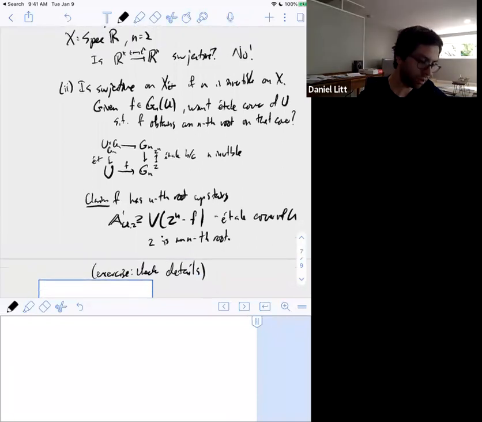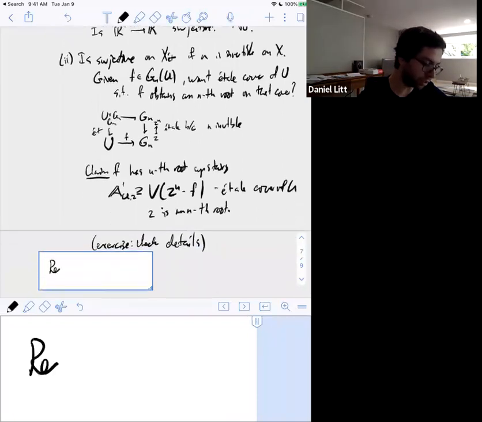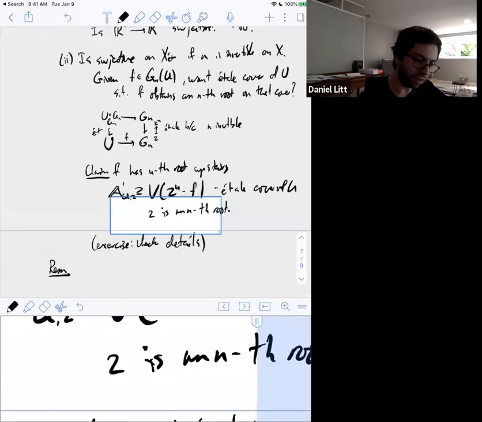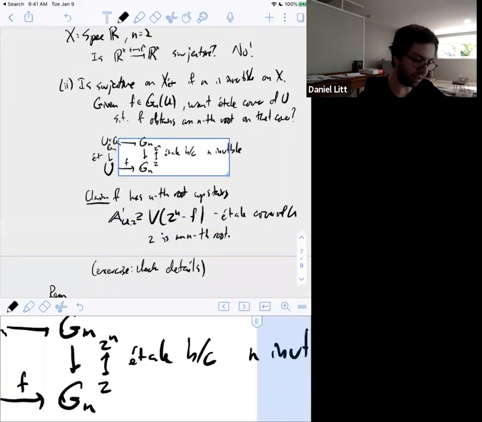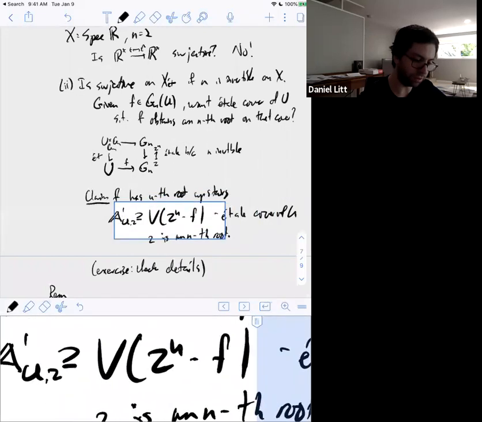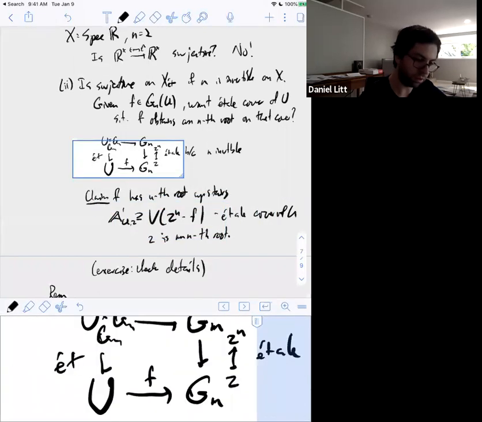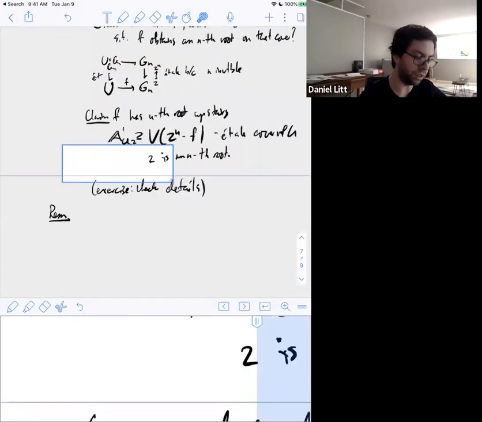Okay, cool. Maybe one more remark. Here we used that n is invertible in the base to get that this map was Étale.